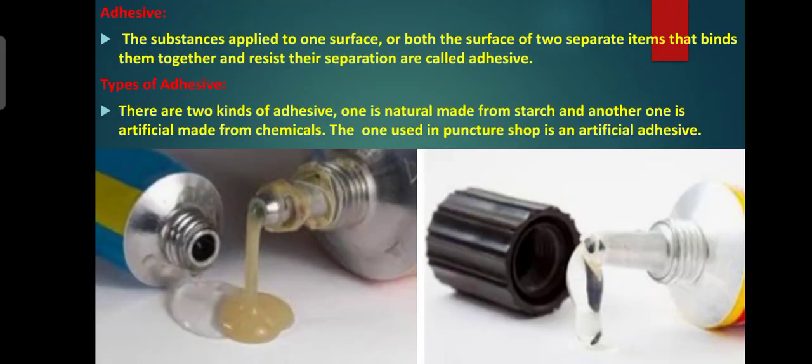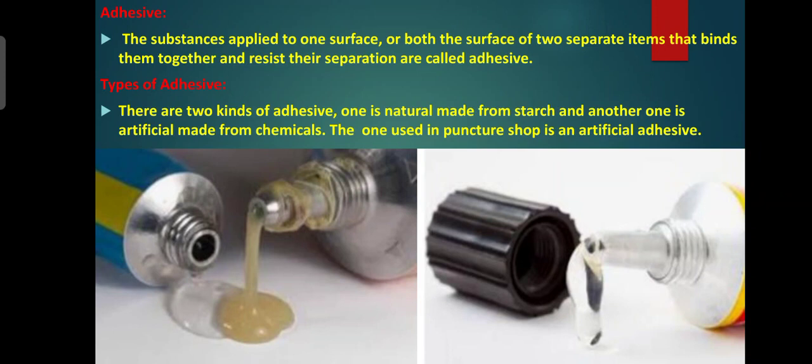Now move on, adhesive. What will you do when a page of your book is torn accidentally? It can be fixed by using sellotape. How does sellotape work? There is a paste-like material on one surface of the sellotape. Have you ever wondered about this material?